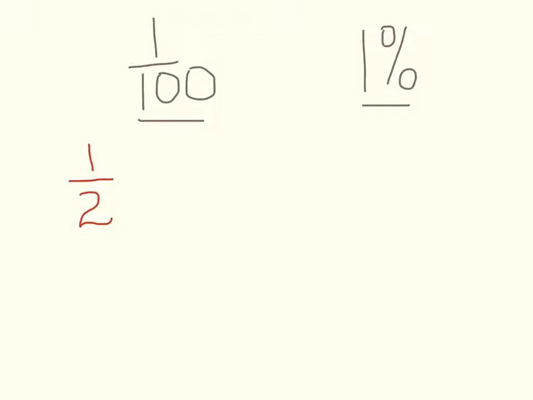So if 1/2 of the students have measles, well, we can't just put 1/2%, because we're not out of 100, we're only out of 2. 1/2 is 1 out of 2. What we're going to have to do is make that into something over 100. This is what I meant when I said this is nothing new. We have done this over and over again.